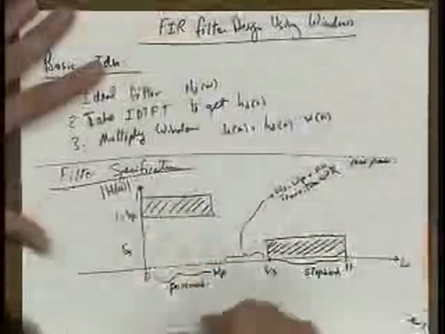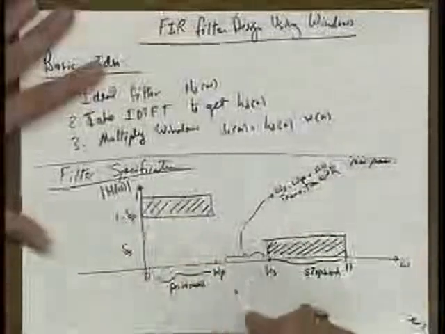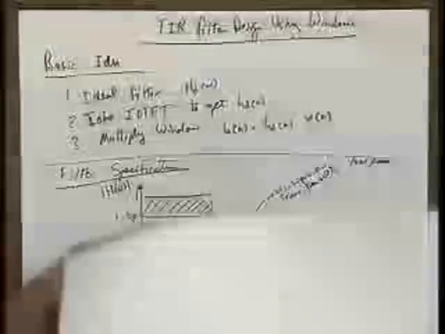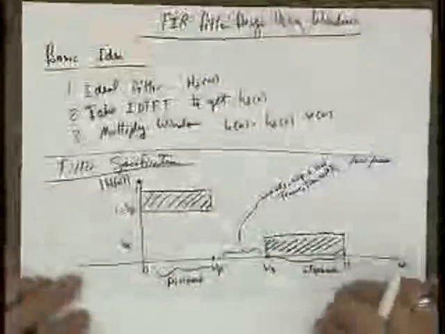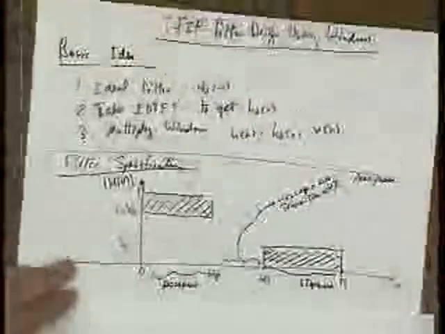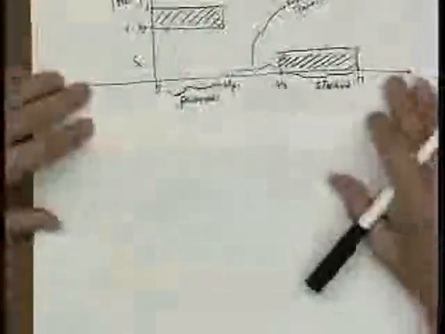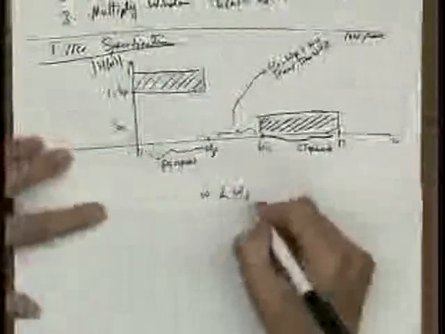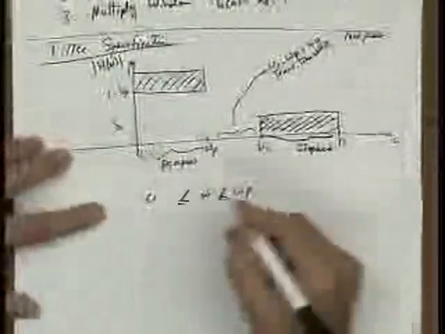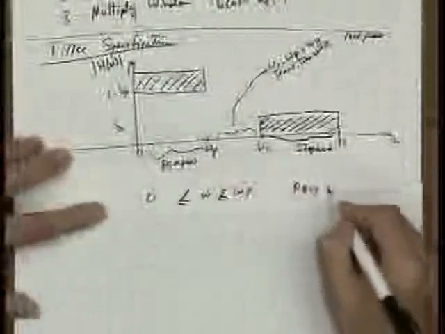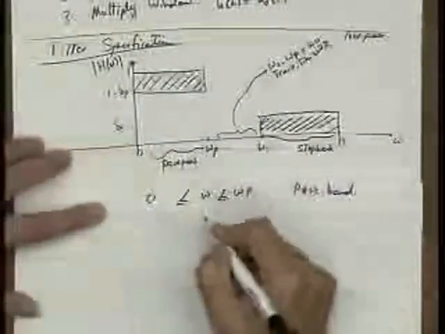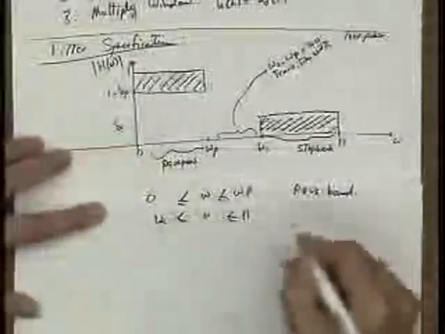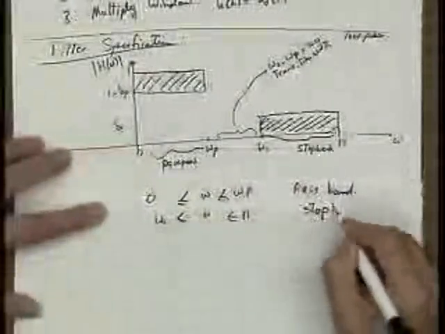And delta sub p, so let me write down all the notation that goes with it. The frequency range between 0 and omega p is called the passband. The frequency range between omega s and pi is called the stop band.